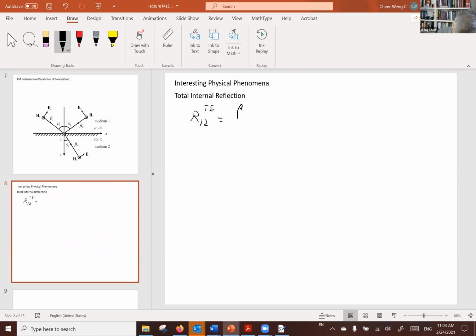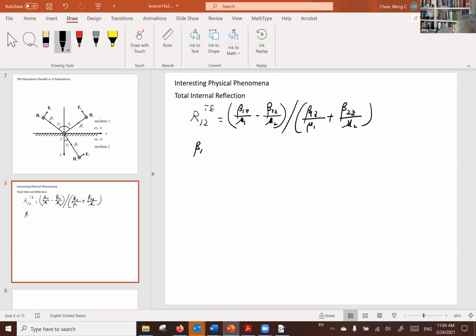beta 1z over mu1 minus beta 2z over mu2, divided by the sum of this thing. And I know the dispersion relationship has to be satisfied. So in region 1, beta 1z squared plus beta 1x squared is equal to beta 1 squared.